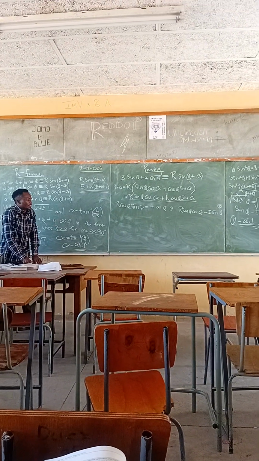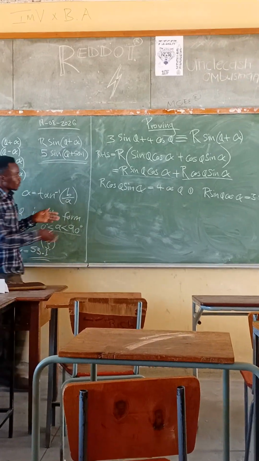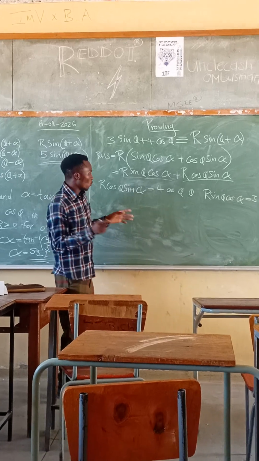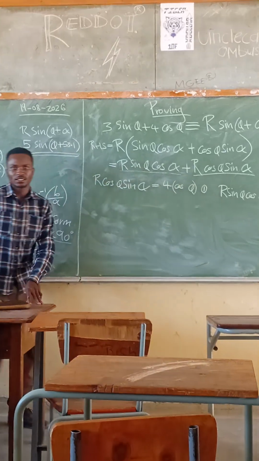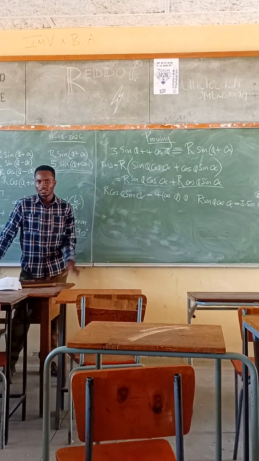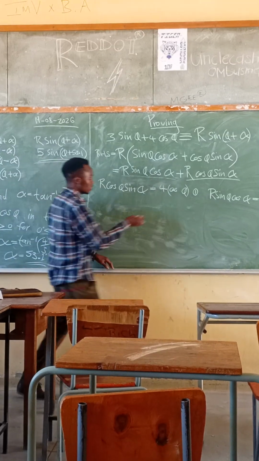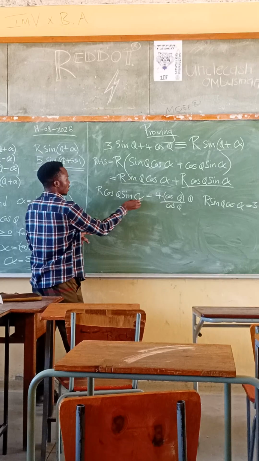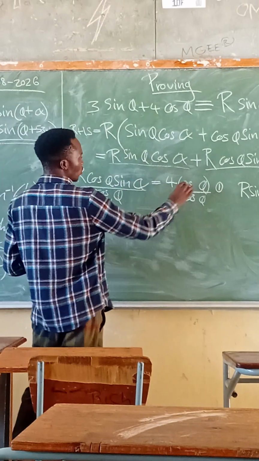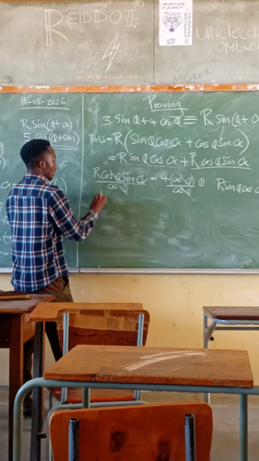In these two equations, how can I generate or create something? When you have a cos like this in a bracket, and we have a cos here, what does it mean? You cancel them out, by dividing both sides by cos theta. Cos and cos will cancel.